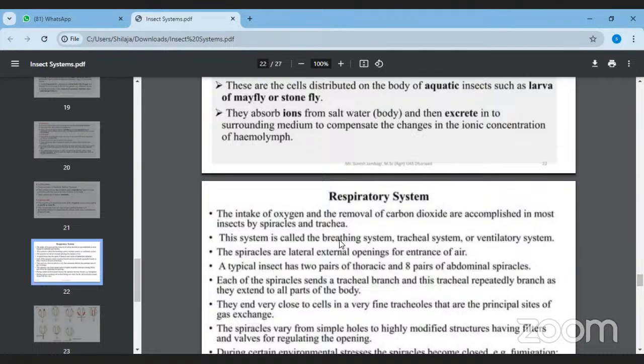The CO2 produced by respiration is eliminated via the trachea and tracheoles, through the intersegmental membranes, and also through the spiracles.